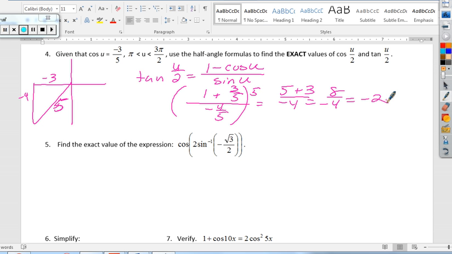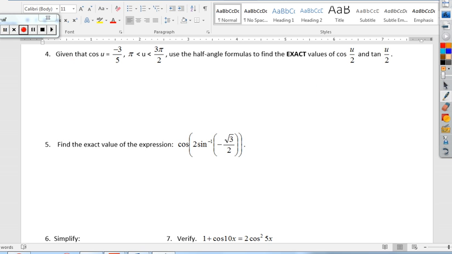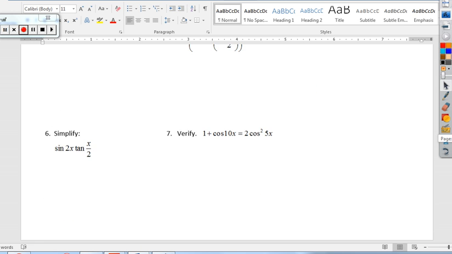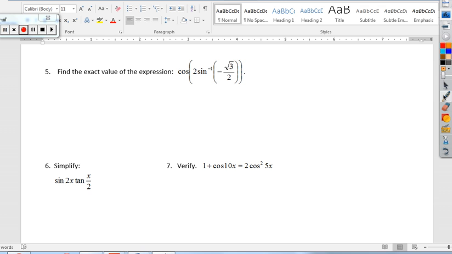Alright, moving on to problem number 5. I want to find the exact value here. So this negative 1 up here is telling me to find an angle whose sine is negative square root of 3 over 2, remembering from previous units that sine has to come from quadrants 1 and 4. Since it's negative, we are pulling an angle from quadrant number 4. The 2 stays the 2, and I'm going to use negative pi over 3 as the angle.